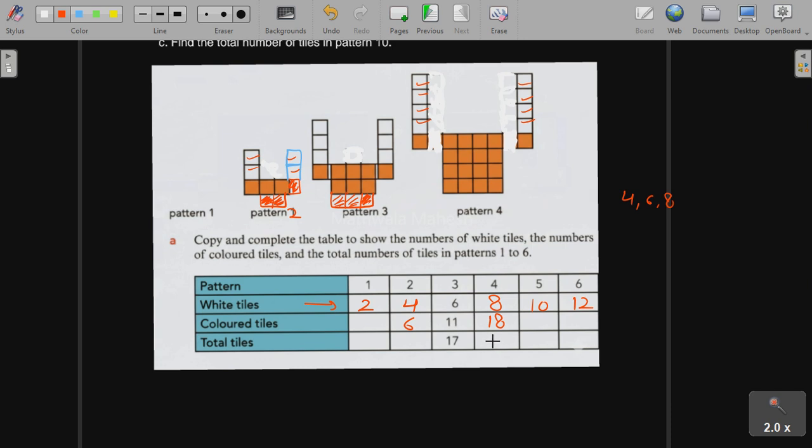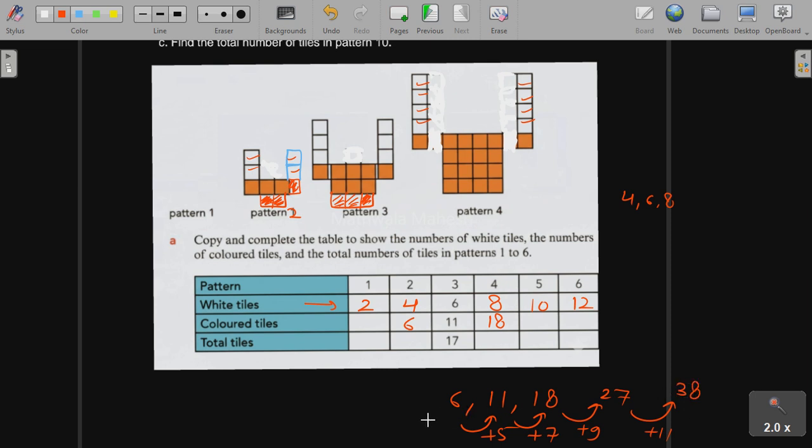So 6, 11 and 18. So what is the rule? Pattern 6, 11, 18. It means we add plus 5, we add plus 7. For the next one we have to add 9, 27.